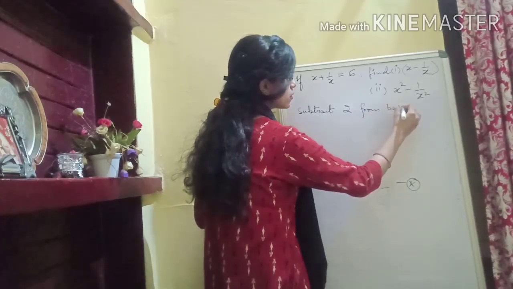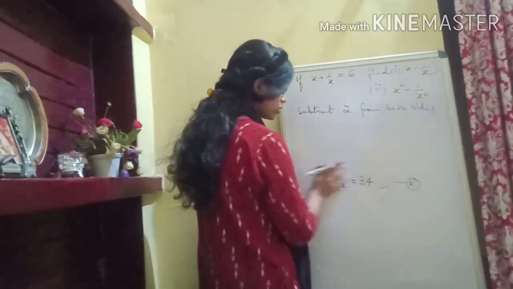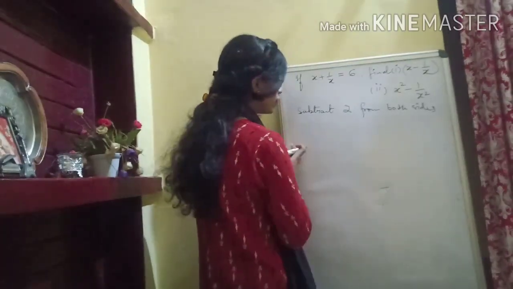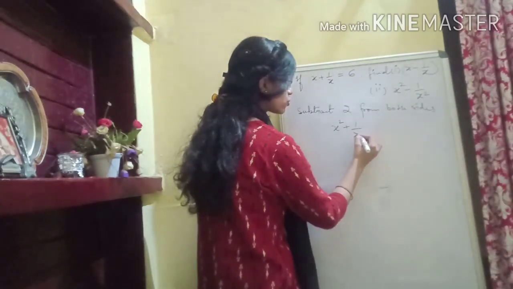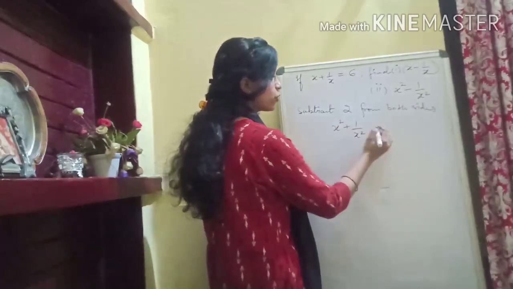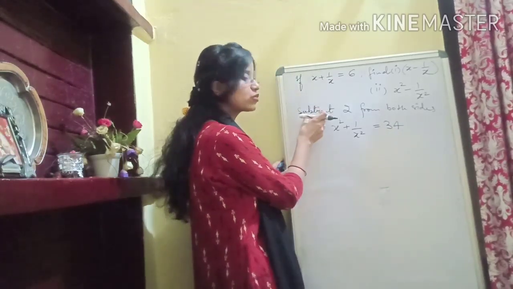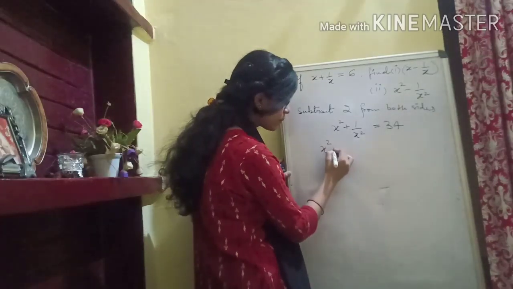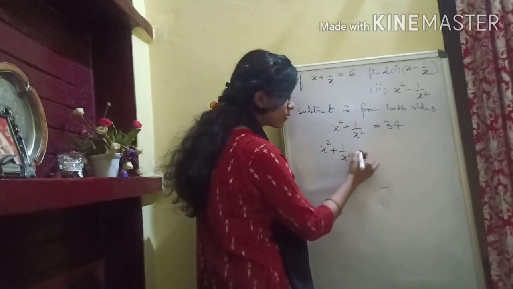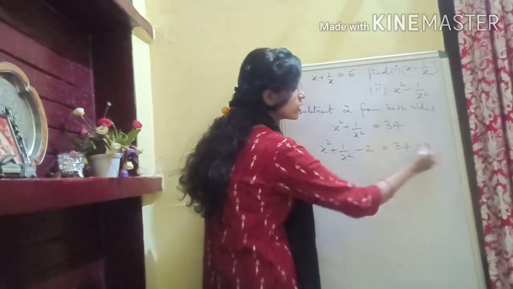Why are we doing this? You all see, the value of x square plus 1 upon x square is 34. Now we are going to subtract 2 from both sides, which means x square plus 1 upon x square minus 2 and 34 minus 2. Is it clear?